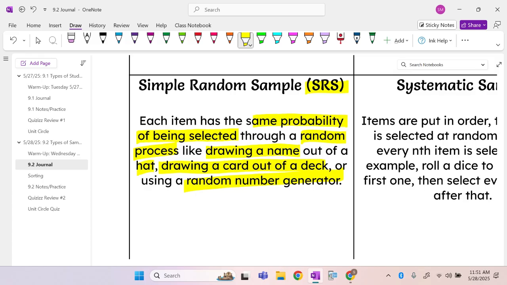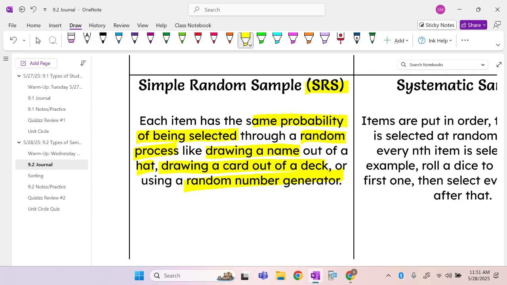I can't see the names. There's no little dots or anything that tells me this is this person's stick. It's completely random. A lot of times in studies, they use random number generators.